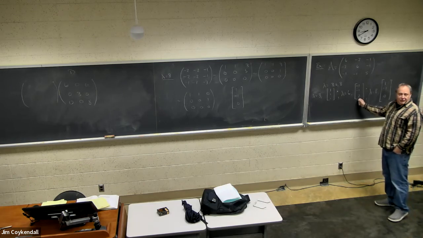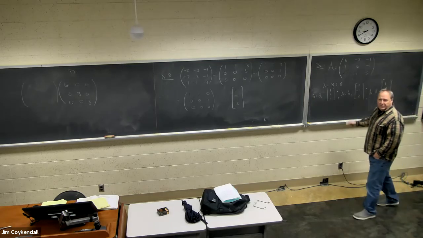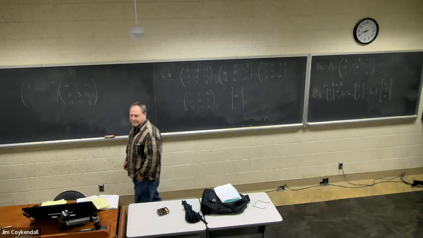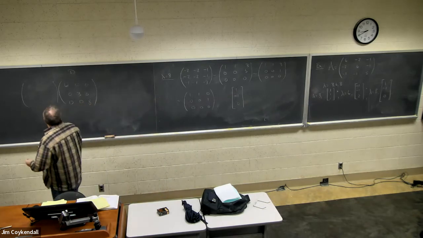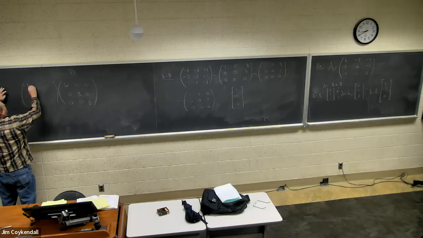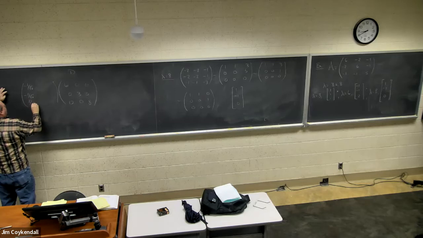It should essentially be this column. Why did he say over radical 6? Because you keep normalizing. So the first one should be minus 1 over radical 6, minus 1 over radical 6, 2 over radical 6.